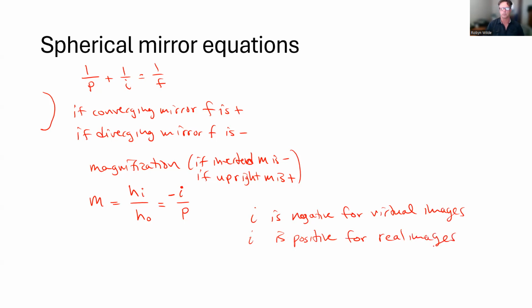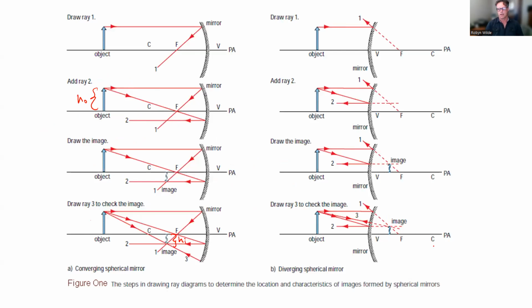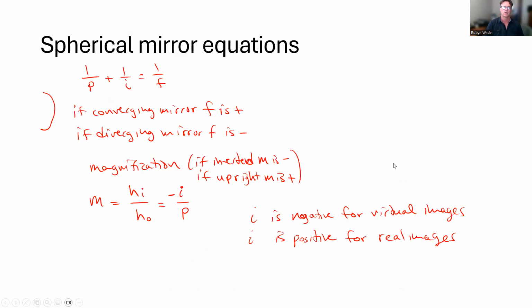So one thing you'll see in the previous picture here, when I have my virtual image, it's a negative image distance, a negative I, but it's upright, so it's got to be a positive magnification. That's why I have this negative sign here. Because when I plug in my negative virtual image distance, it will cancel and make the magnification positive, as it should be.